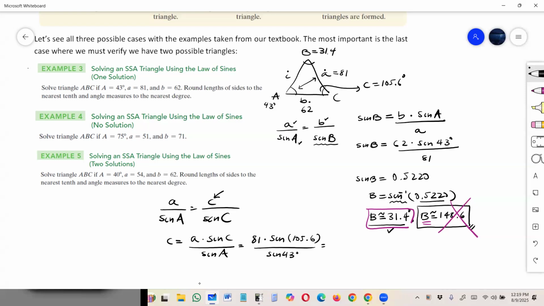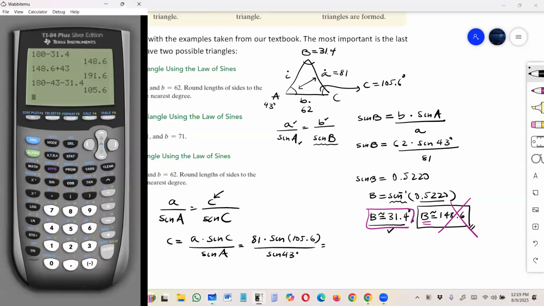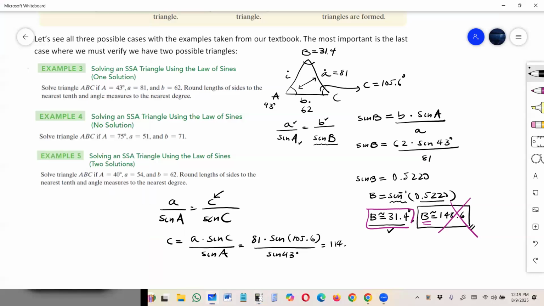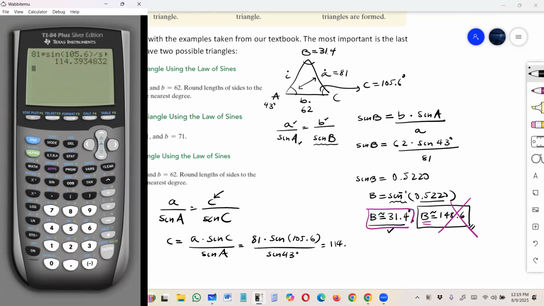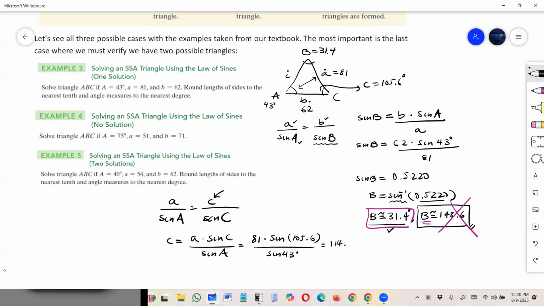Okay, so I'm going to go to the calculator, find what that is, and I will be done with the problem. So 81 times sine of 105.6, always remembering to make sure that you are on degrees, otherwise your answer is going to be different. Divided by sine of 43, and this is 114.4, if we are doing one decimal.